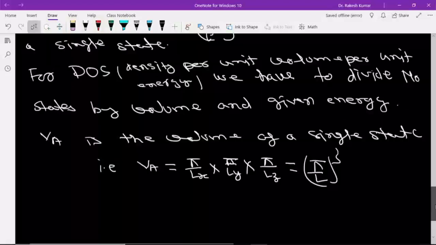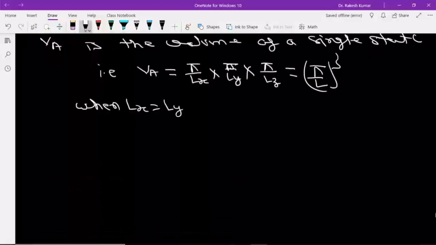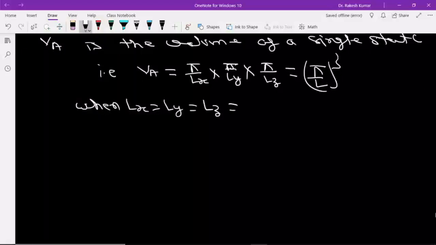And when Lx equal to Ly equal to Lz equal to L, then Va equals, as I wrote above, pi over L cubed.